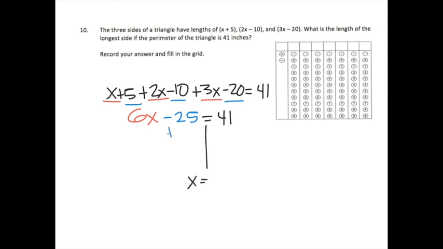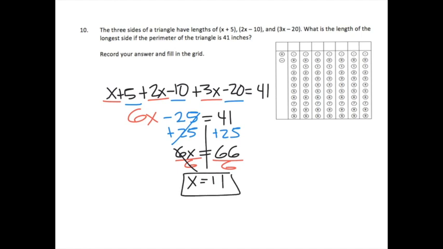So we need to cancel the 25, so we add 25. We're going to have 6x equals 66 divided by 6. The 6's cancel, that's an 11. But again, this is my x value.